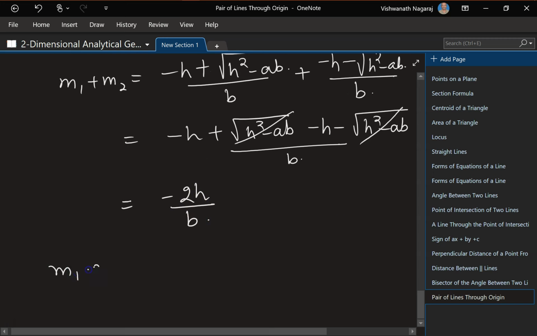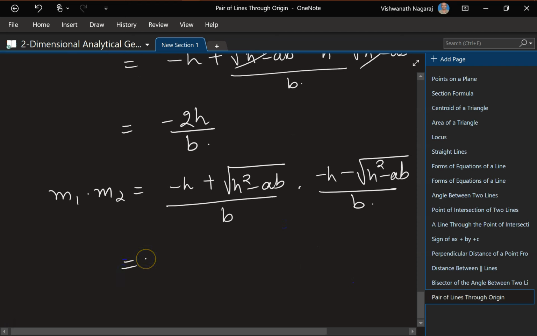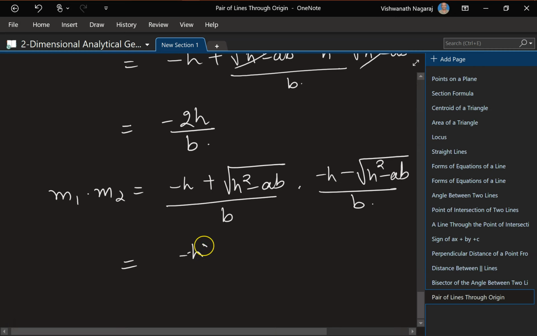What about the product? (Minus h plus square root of h square minus ab) by b times (minus h minus square root of h square minus ab) by b. Now this is like (a plus b) times (a minus b), right? So we know what the solution would be. Minus h whole square minus the square root of (h square minus ab) whole square, by b square.